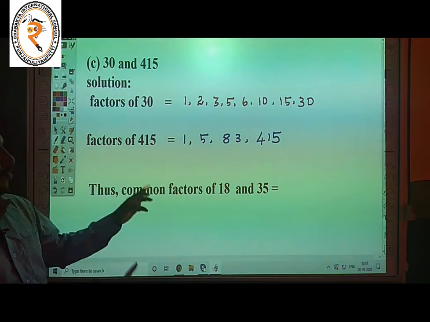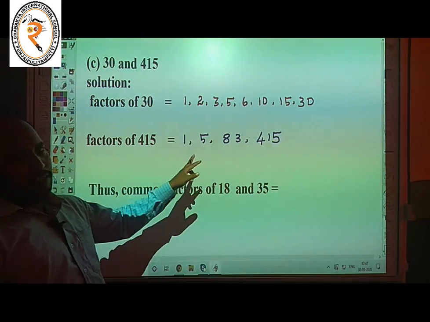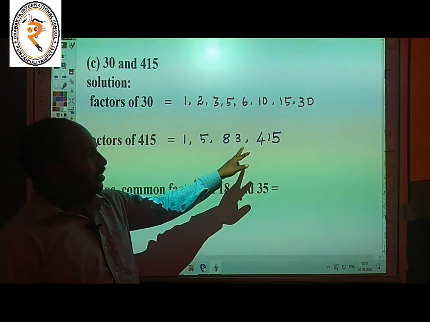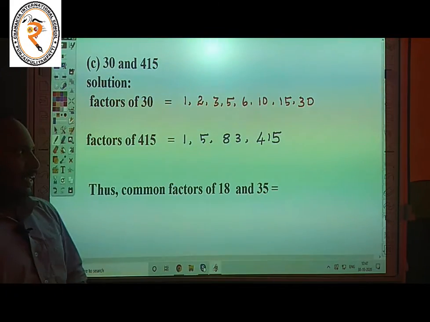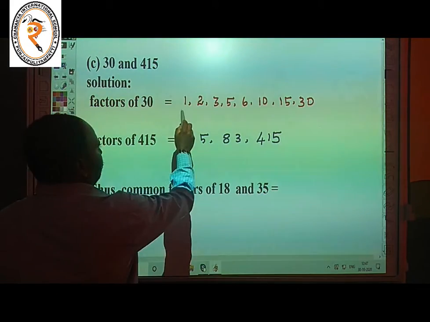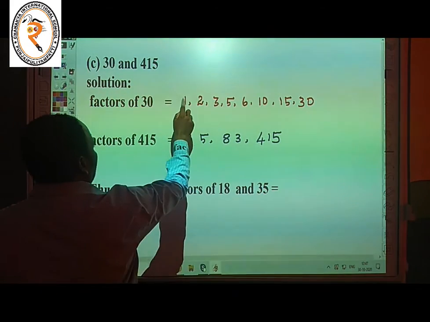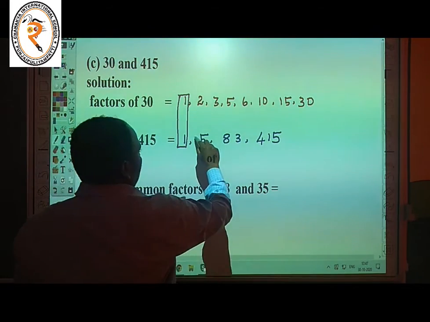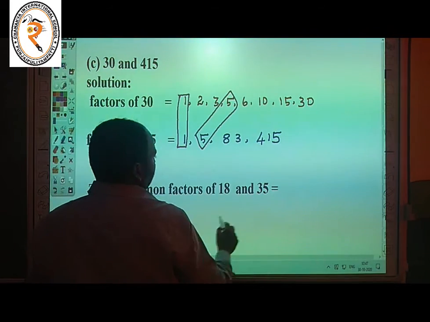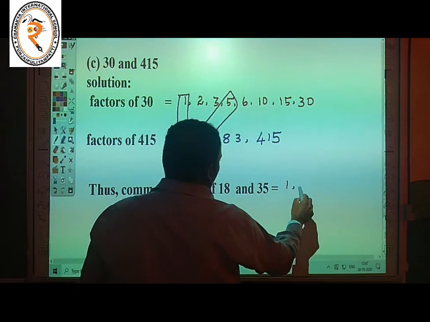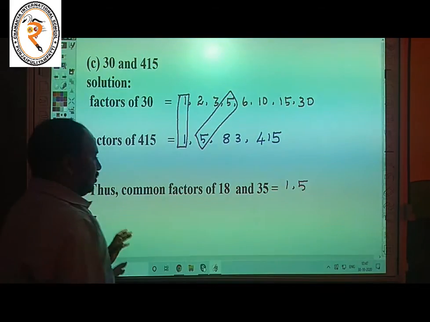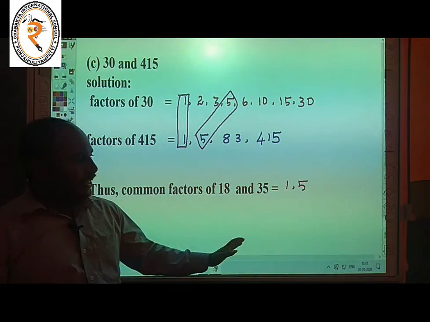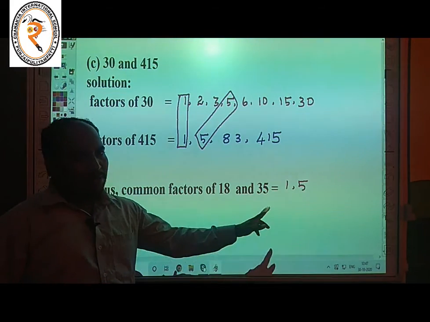So factors of 415 are 1, 5, 83 and 415. Here the common factors are 1 and 5.